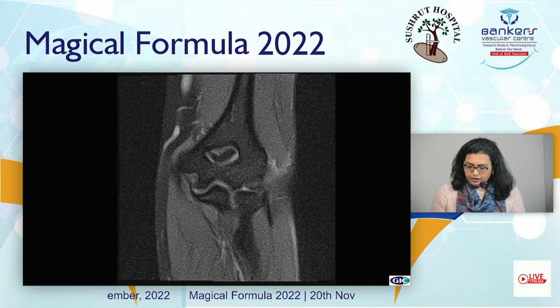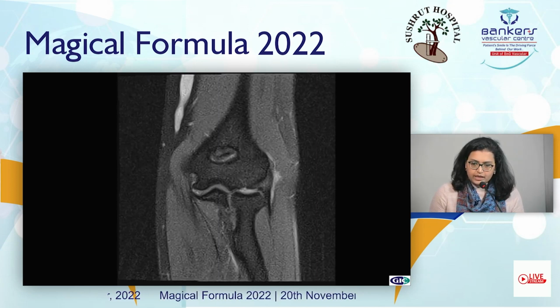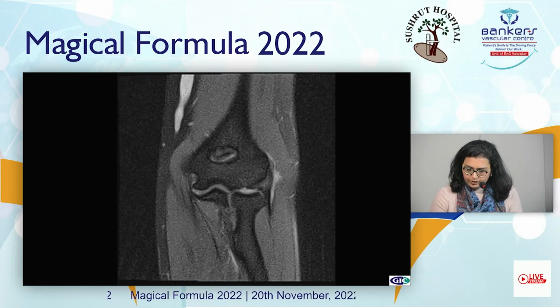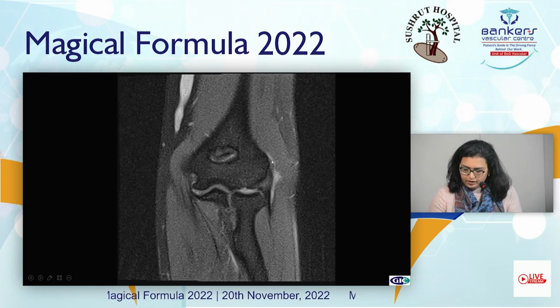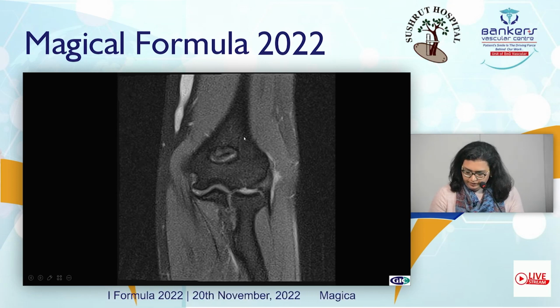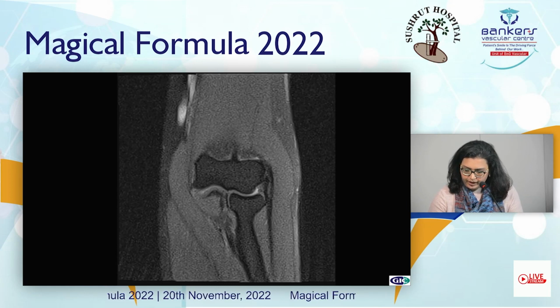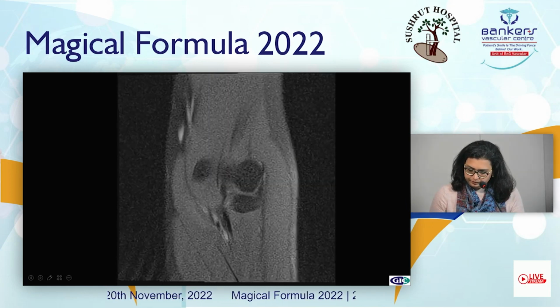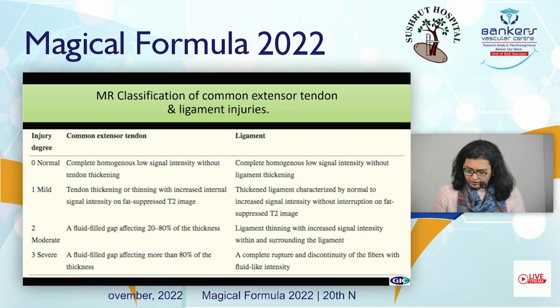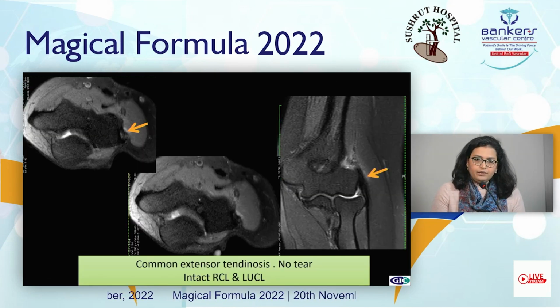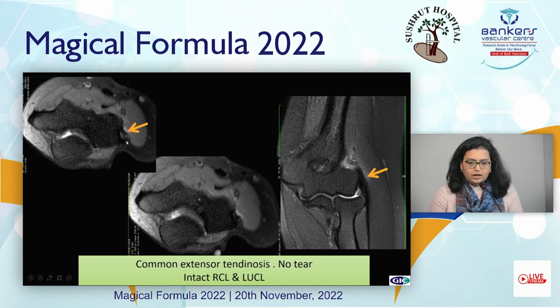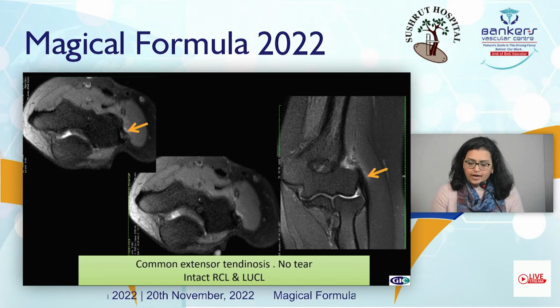This is a typical coronal image which helps identify common extensor tendinosis, wherein this is the common extensor tendon and underlying ligament. Initially, when the patient has lateral elbow pain due to lateral epicondylitis, they will have only subtle edematous changes involving the common extensor tendon, and this is tendinosis.